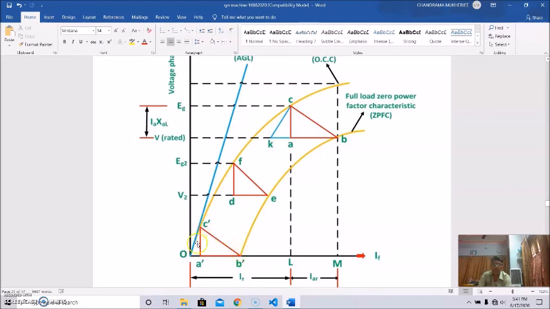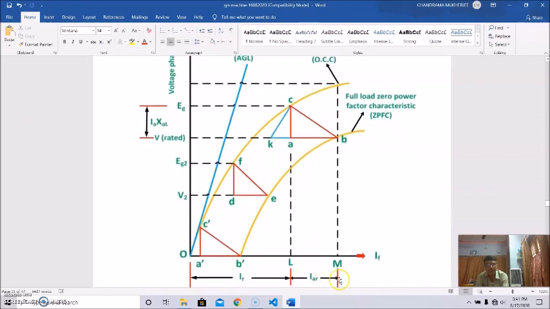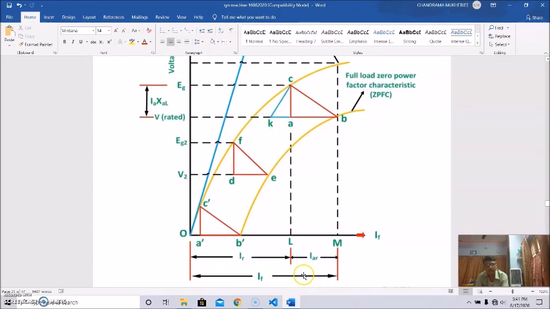In this way you can draw the Portier triangle, and from this Portier triangle you will get the voltage regulation, that is, this IAXL, as well as this armature reaction field current. So this will take care of everything, and it is a very accurate method.